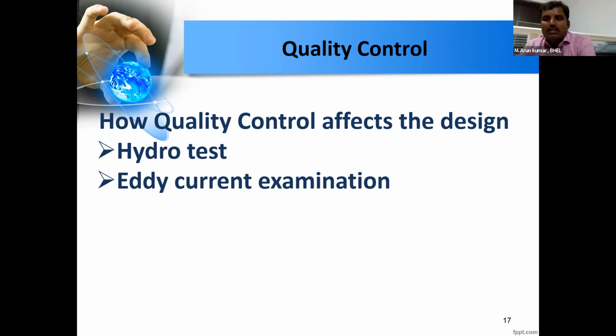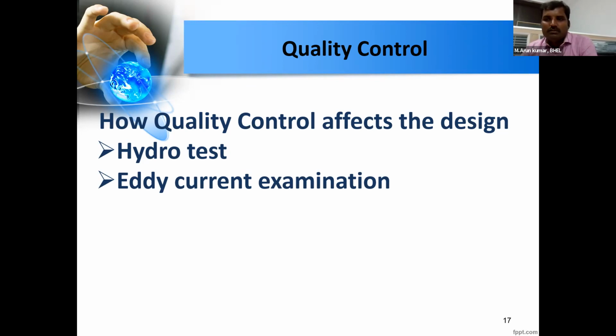So in service, this may create some problem to the tubes, but we cannot reject a small, very fine scratch after the manufacturing of the particular steam generator or heat exchanger.